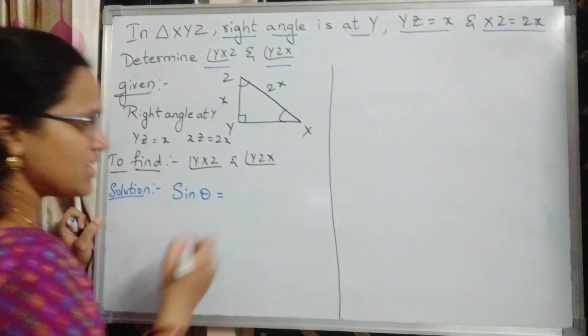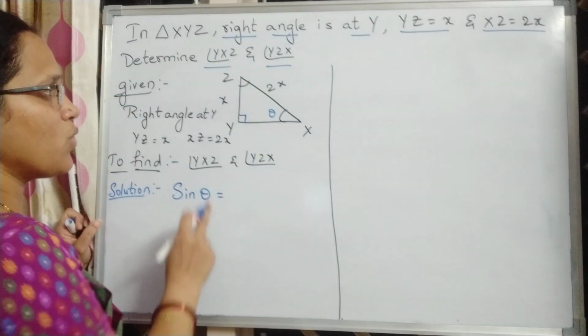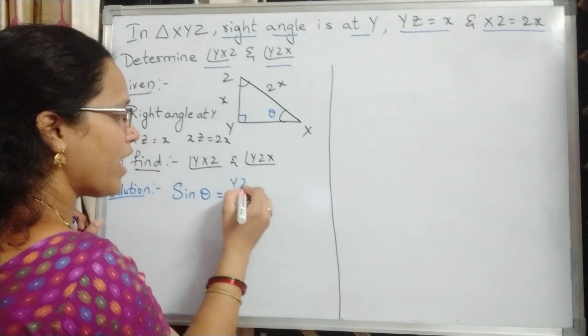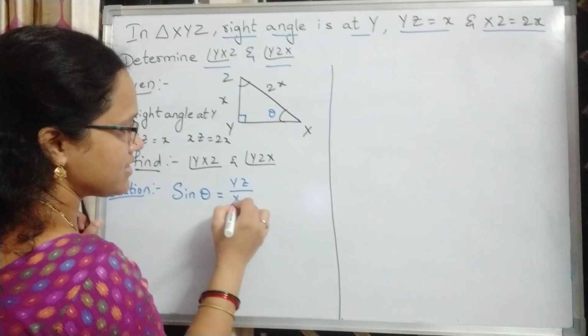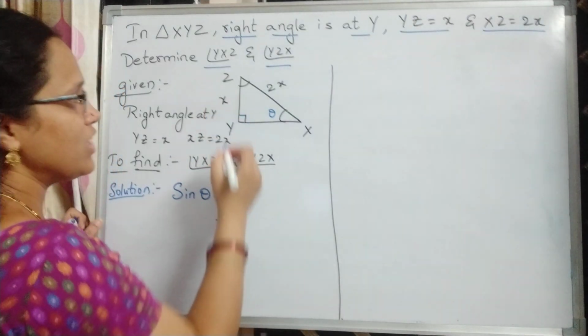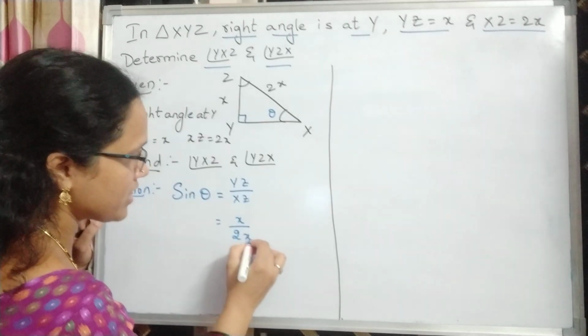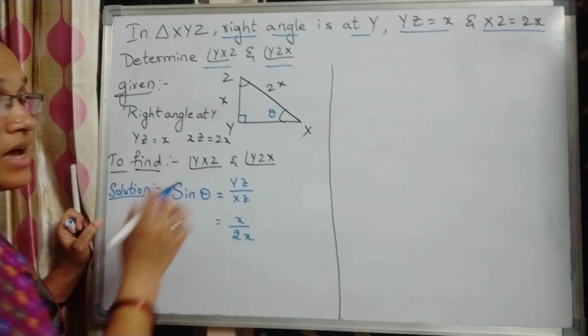So take sine. Since it is an unknown angle, sine theta is equal to YZ by XZ, that is X by 2X. This is opposite and this is hypotenuse.